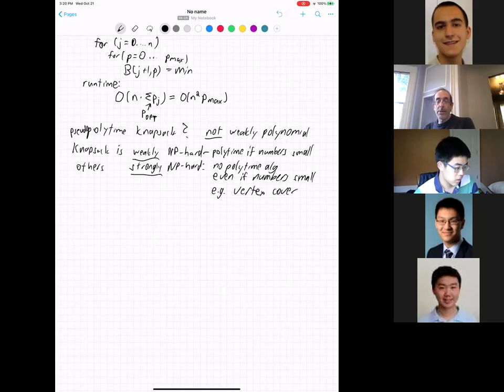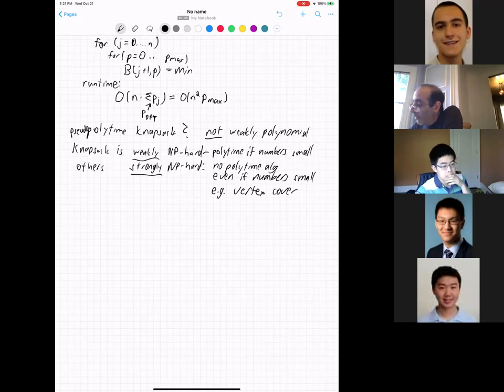Why is vertex cover strongly NP hard? Because it doesn't have any numbers in it, right? And so it doesn't matter if the numbers are big or small because they aren't there, right? But there are some other problems that we'll see later, which are strongly NP hard, even though they also involve numeric values.